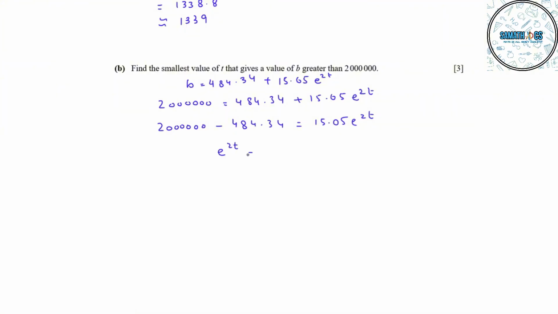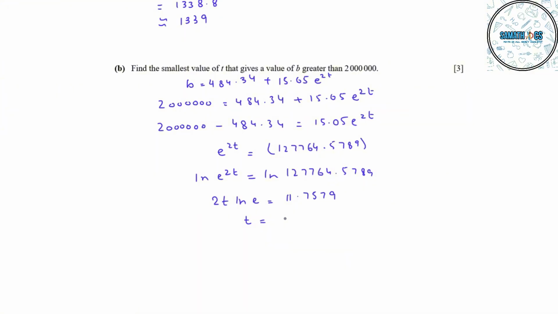E power 2t is equal to, we'll subtract these values, we'll be getting 127764.5789, and then we will apply ln on both sides. 2t ln e is equal to 11.7579. ln e is 1, so t is equal to 11.7579 divided by 2.